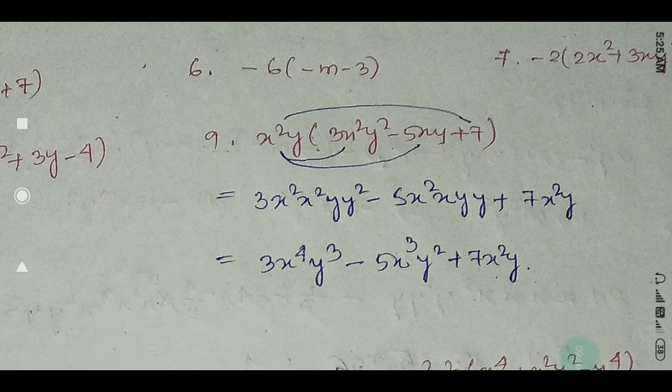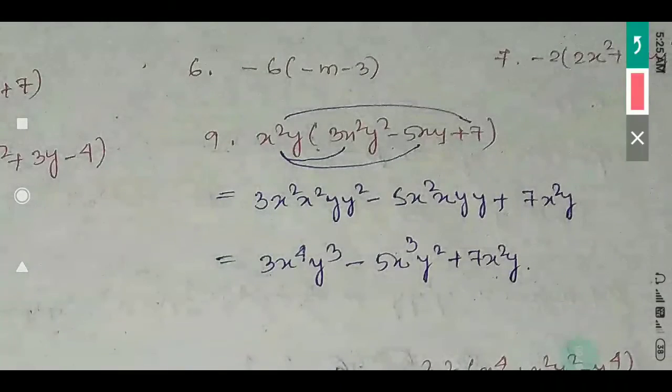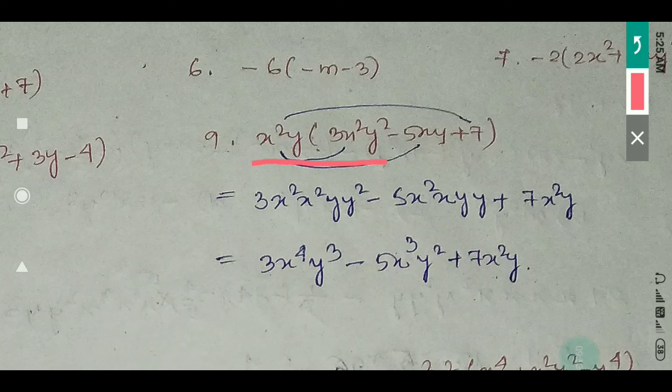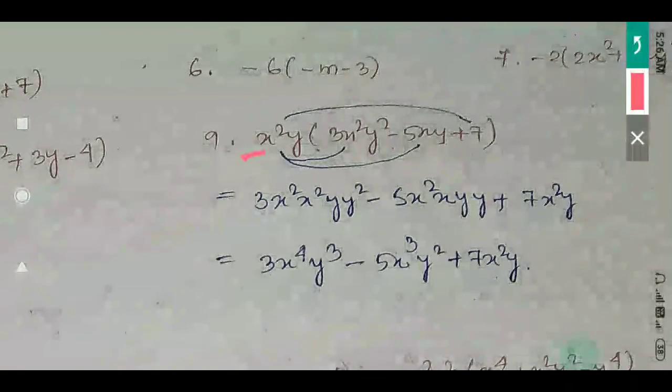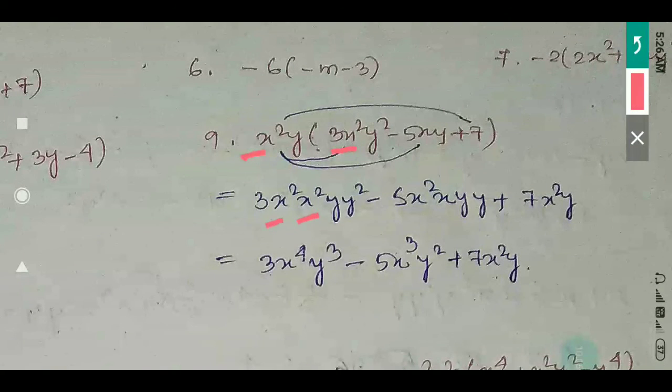So it will be how much? So x square y into 3x square y square. First of all you have to multiply the constant. So 3 is there, here 1 is there, so 3 I have written. x square, x square. Now check here, x square is there, here x square, so x to the power 4. Here y is there, here y square, so y cube.